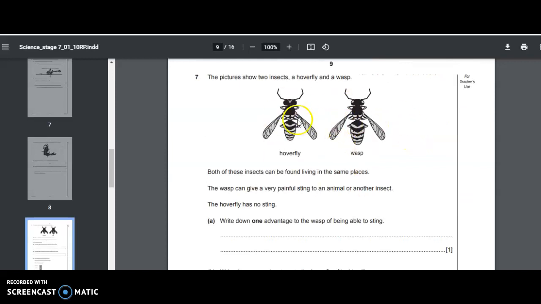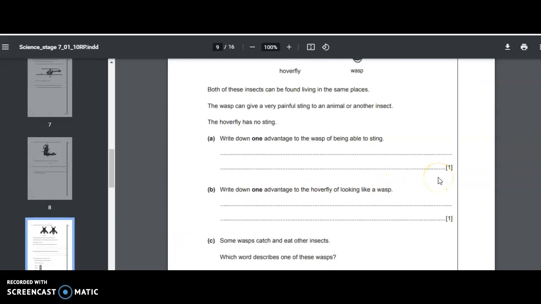We're talking about different types of bugs. Write down one advantage to the wasp being able to sting. Well, he can protect himself. And write down one advantage for looking like that.